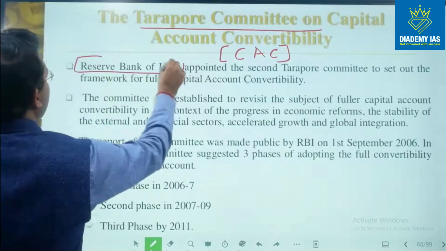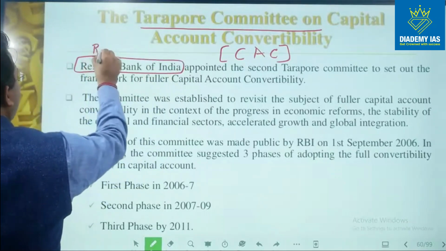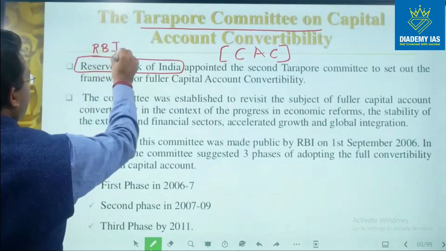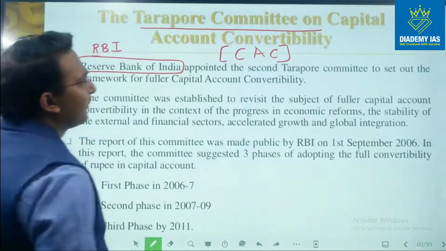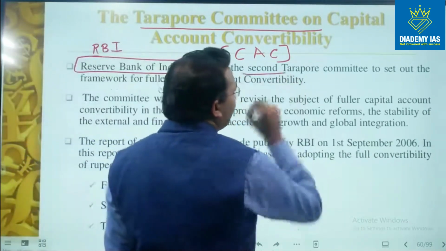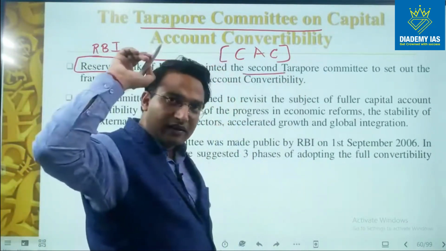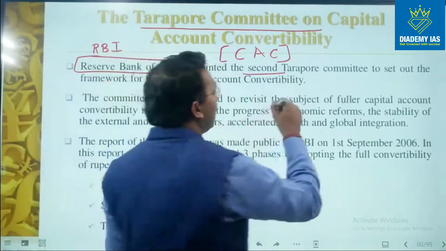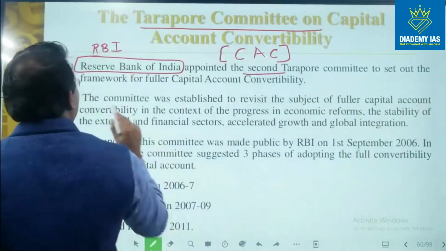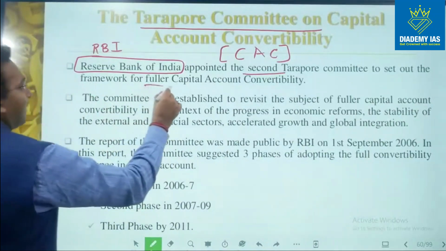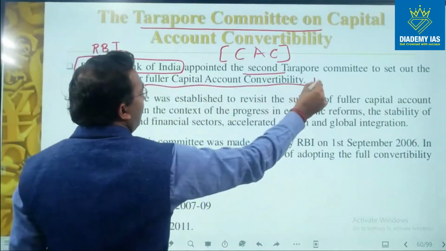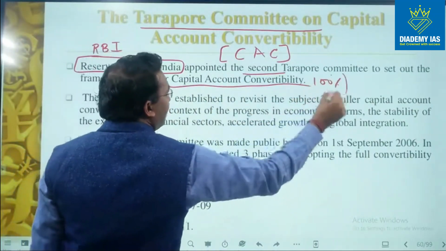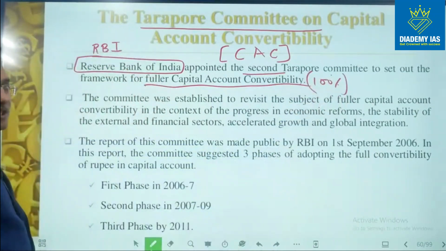It was the Reserve Bank of India, RBI, the central bank, which appointed the second Tarapore Committee. The first committee came in 1997 and the second in 2006 to set out the framework for fuller capital account convertibility, that is 100% capital account convertibility. How to achieve 100% capital account convertibility.